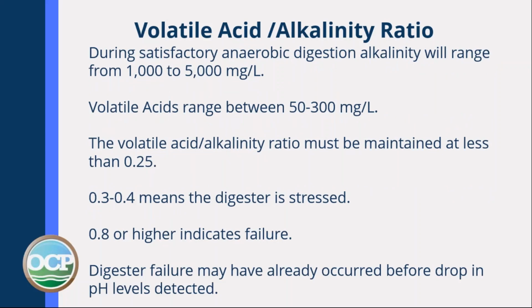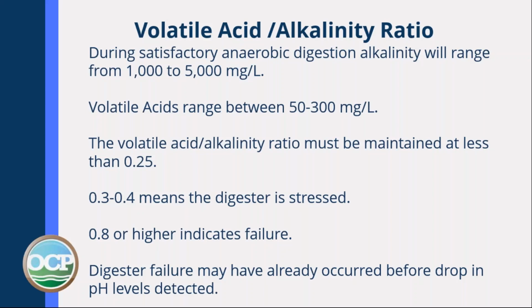During satisfactory anaerobic digestion, alkalinity will range from 1,000 to 5,000 milligrams per liter. Volatile acids will range between 50 to 300 milligrams per liter. The volatile acid to alkalinity ratio must be maintained at less than 0.25. So your acids divided by alkalinity, you want that number to be less than 0.25.